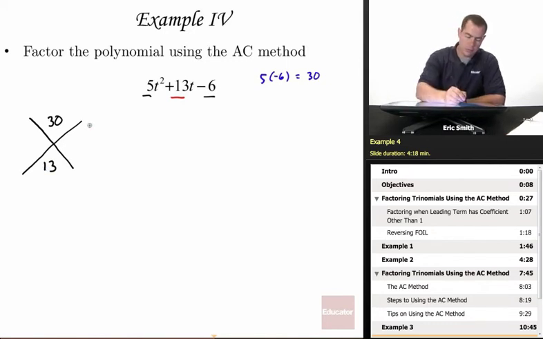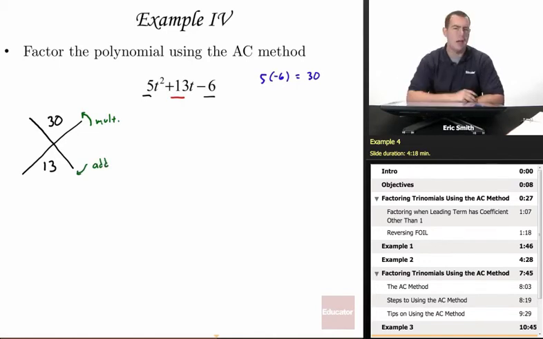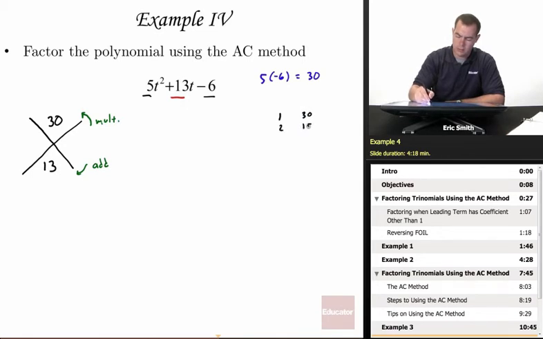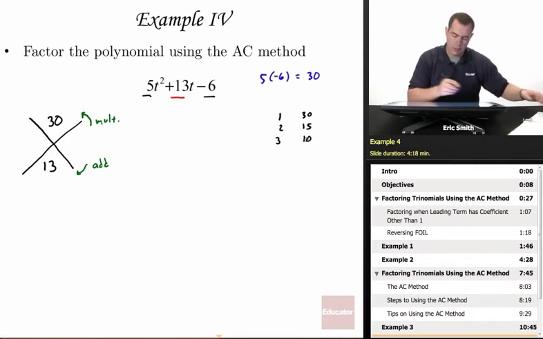Remember that the two new numbers that we put in here must multiply to give us our 30, and they will add to give us our 13. And to help out with this search, we will list down all the things that multiply to give us 30. So 1 and 30, 2 and 15, 3 and 10, and 4 and 15.